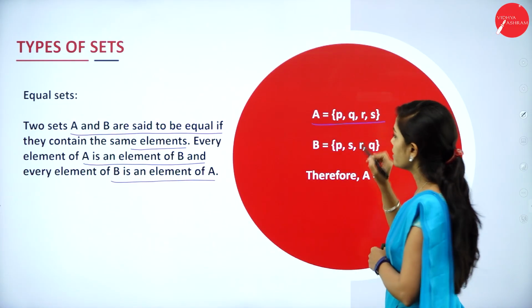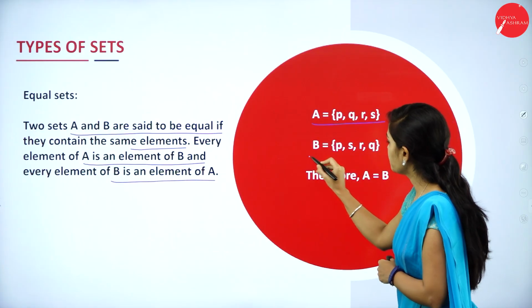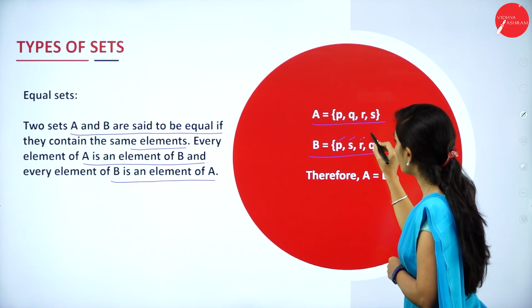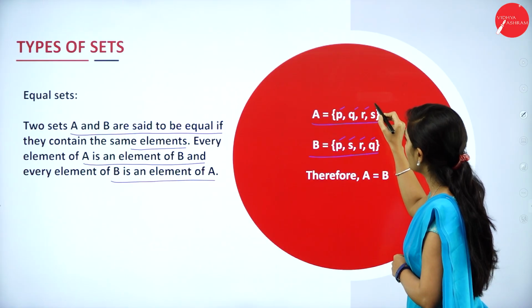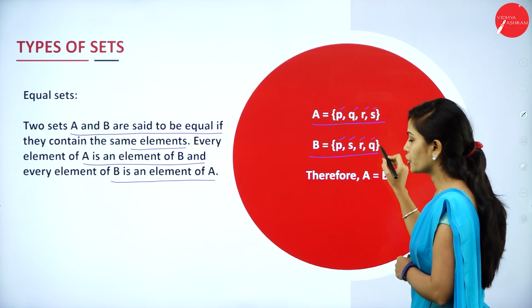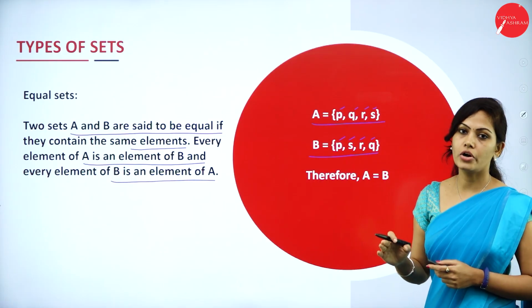Example: A is equal to {P, Q, R, S}, we have 4 elements, and in B we have {P, S, R, Q}. Just observe these two sets. Both have the same elements but not in order.